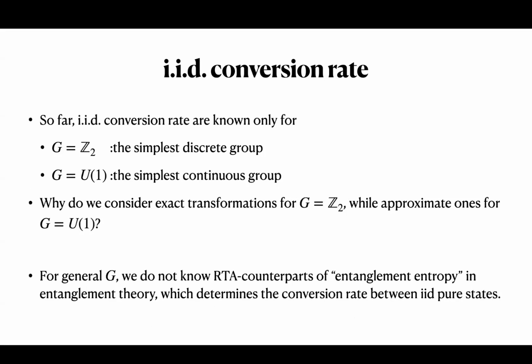So far, IID conversion rates are known only for Z2 and U1. So they are the simplest discrete group and the simplest continuous group. And there are natural questions, such as: why do we consider exact transformations for Z2 while approximate ones for U1?